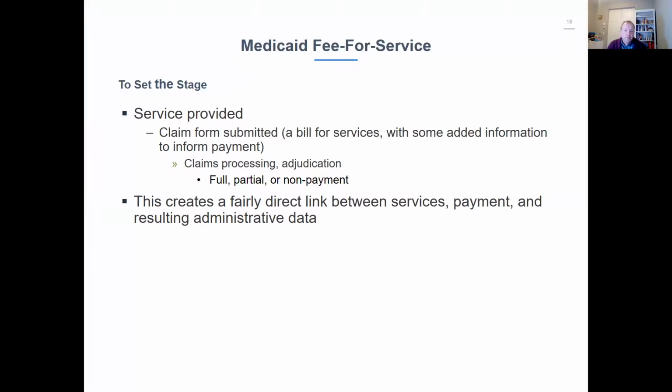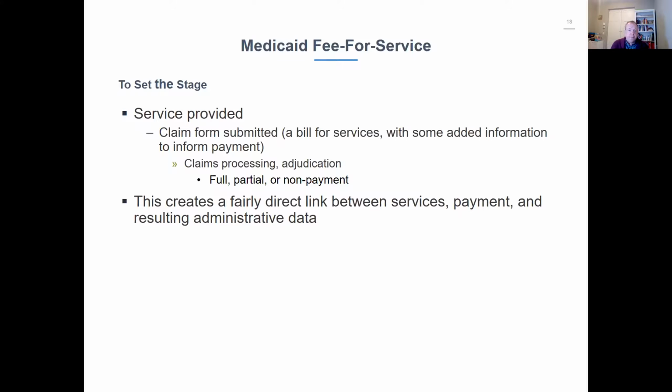Managed care is another really important thing to note because, for instance, in Minnesota, managed care is a very heavy component of the Medicaid program. If you think about how Medicaid fee-for-service works, a service is provided and a claim form is submitted. When we talk about claims data, claims are bills. It's a bill for services with some added information to help determine whether that bill should be paid.